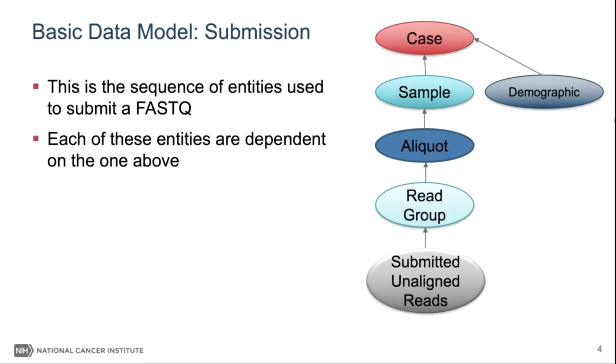Each of these entities is dependent on the one above, and we sometimes refer to that as a parent-child relationship. In this case, the case is the parent node to the child sample node. And the same is the case for the parent sample node being parent to the child aliquot node.